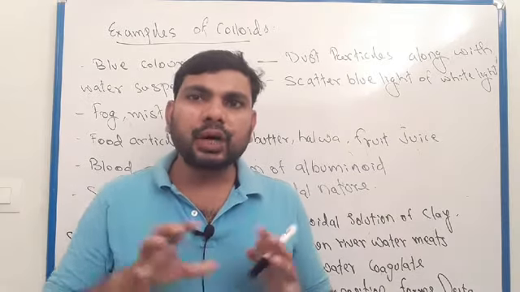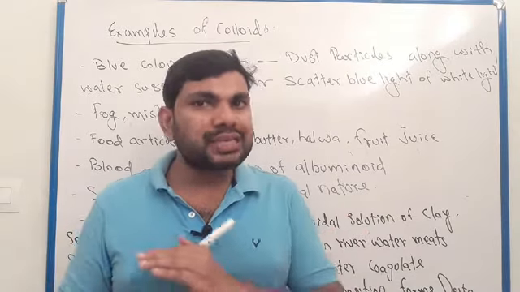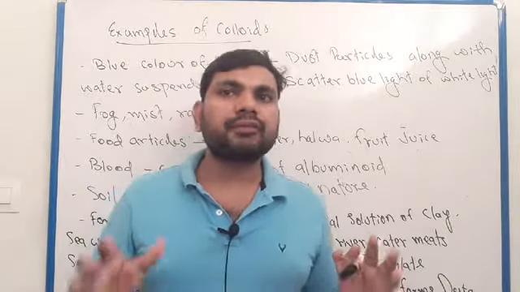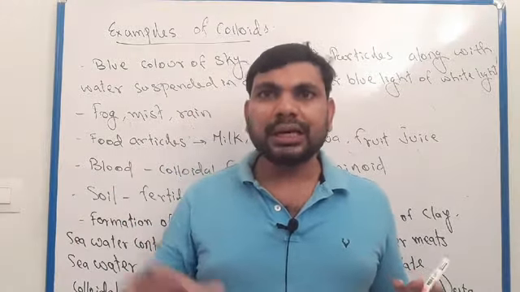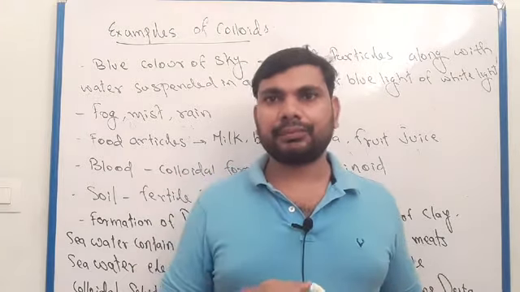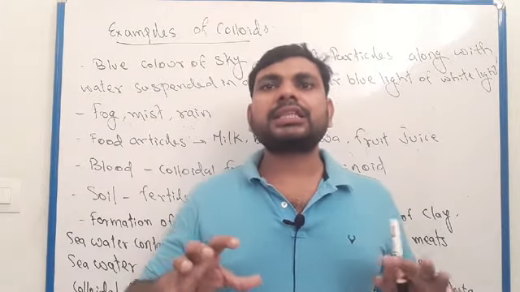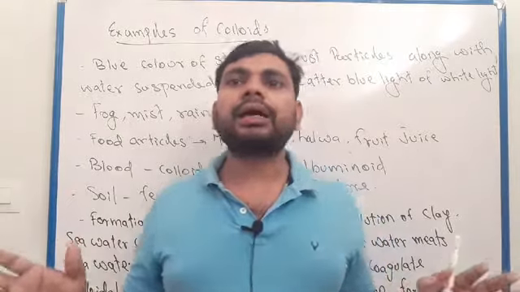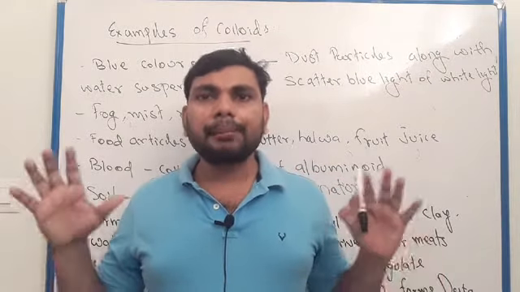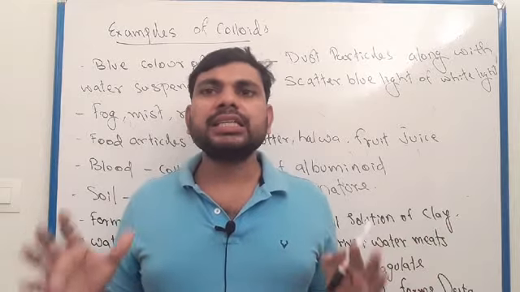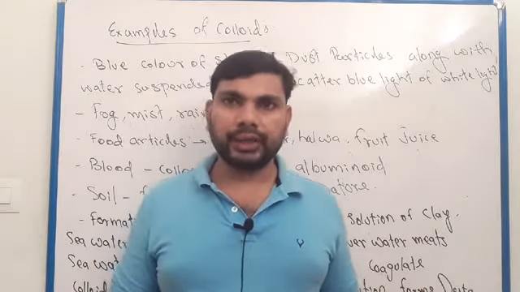They scatter the blue light coming from sunlight, and after that the sky appears blue. So the appearance of the blue sky is one example of a colloid.